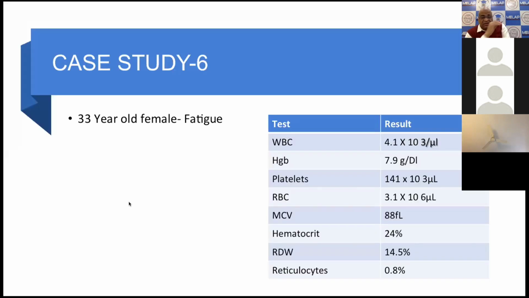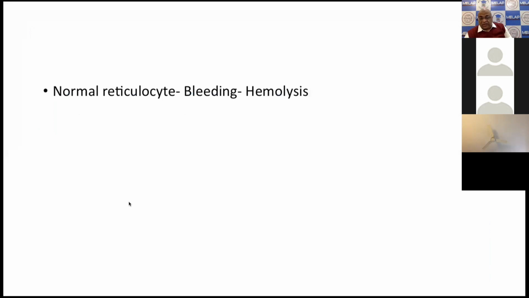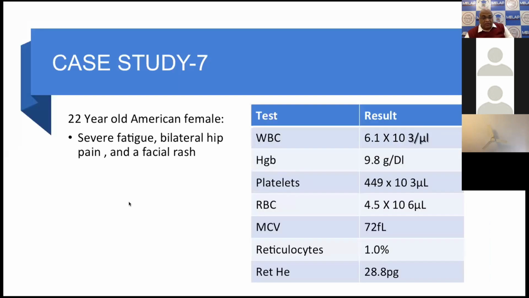But when the reticulocyte count was corrected for anemia, they realized the reticulocyte count is low. We have to find out the cause of the low reticulocyte count. Bone marrow is not responding. This careful evaluation is very important.